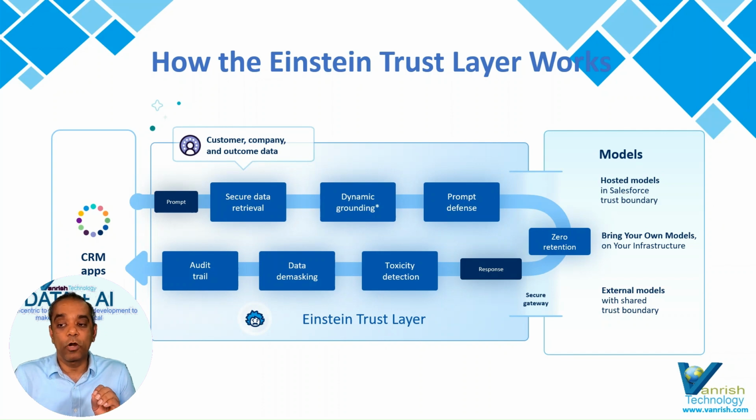Prompts sent to the model within the Salesforce shared trusted boundary are encrypted in flight with TLS. That is also part of the trust layer. The data is masked, stripping out PII data, and through our novel zero retention policy, it's taken care of.